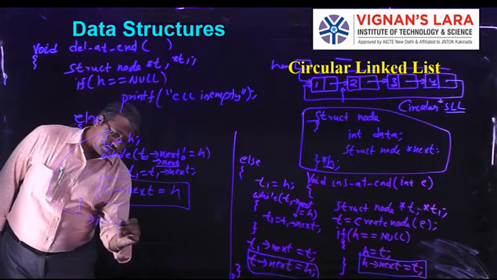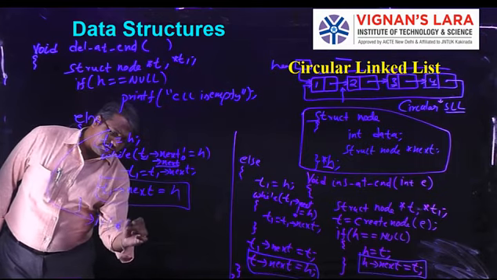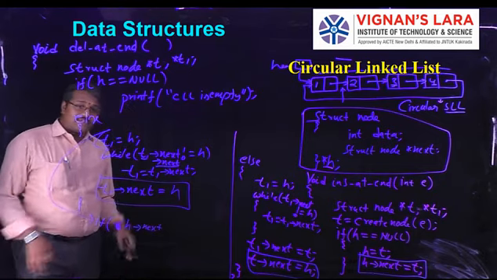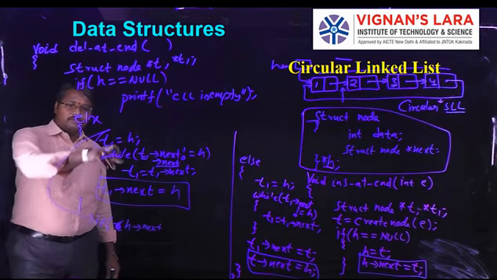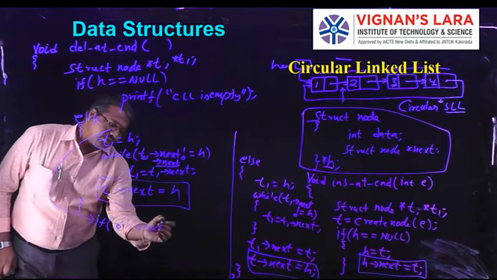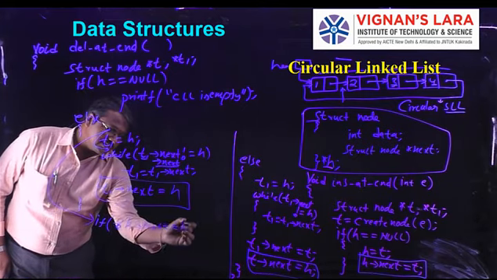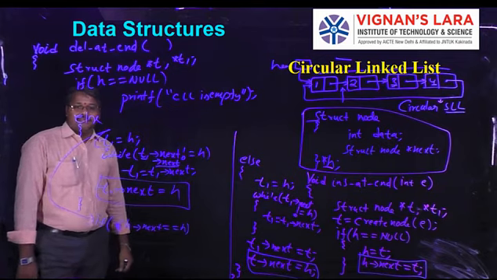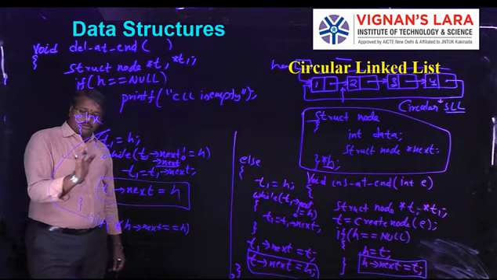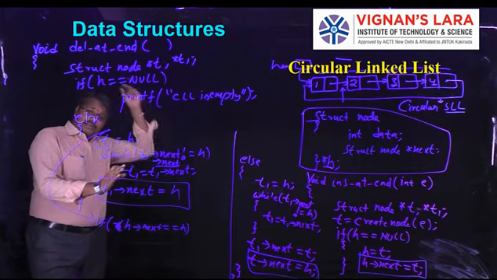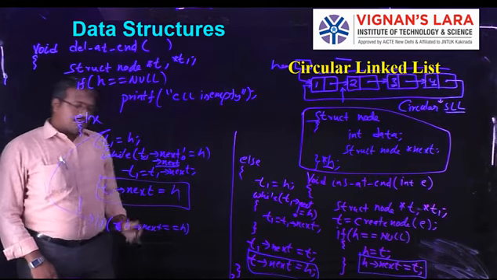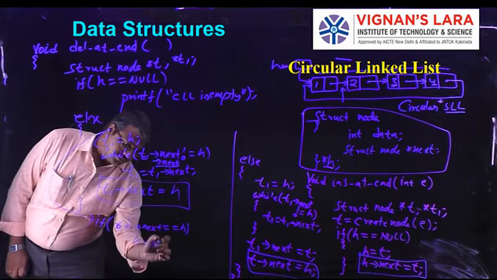Or this is not needed, otherwise, without using T1 also we can write h of next. H of next is equal to h. That means the starting node's next field consists of the starting node address. It specifies only one node. At that time what we have to do? h is equal to null.